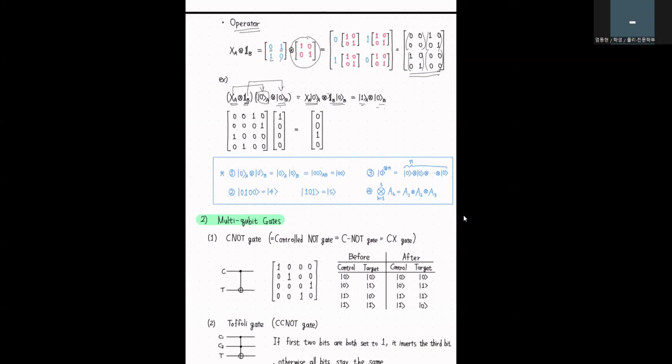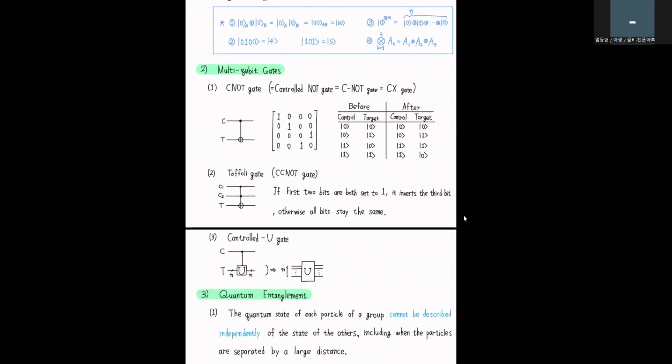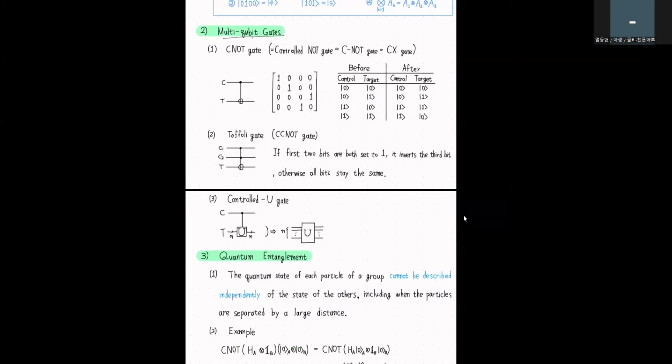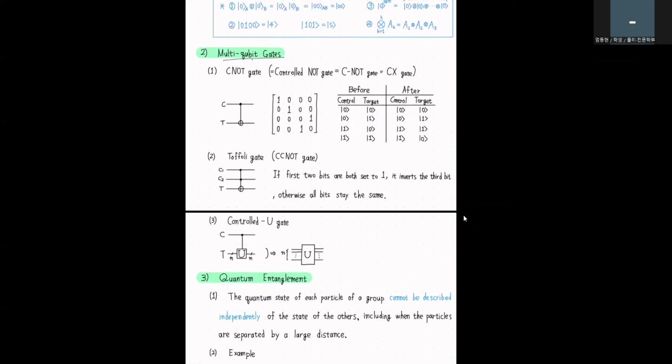Using this, we can define what are called multi-qubit gates. For the two-qubit case, we can define the CNOT gate, which I mentioned earlier, which stands for controlled NOT gate.